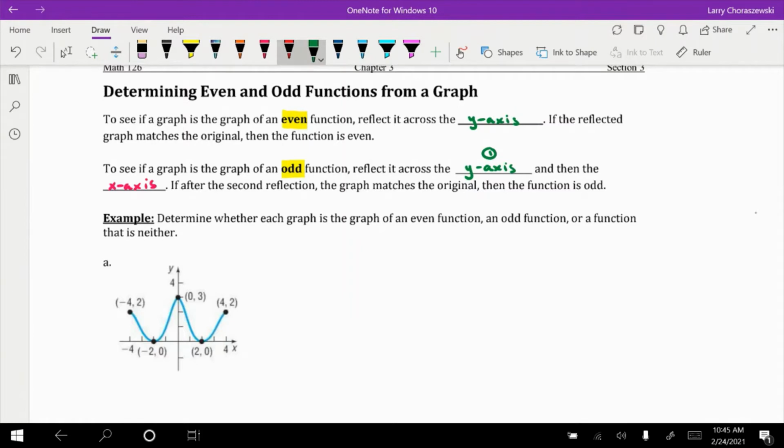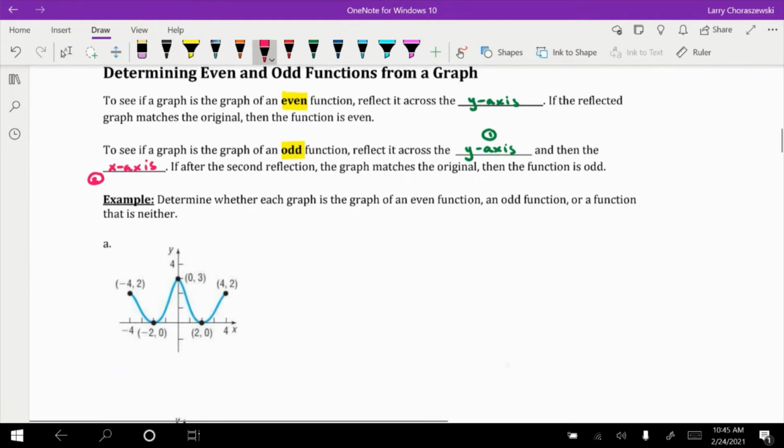The first is the y-axis, the second is the x-axis. And once you've done the x-axis reflection, if that graph matches the original, then the graph is a graph of an odd function. Now, in some cases, you can go through all these reflections and it not match up with the original. And that's okay. It just means that it's a neither function.